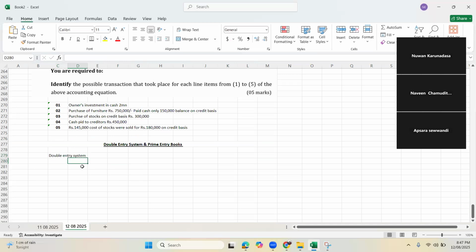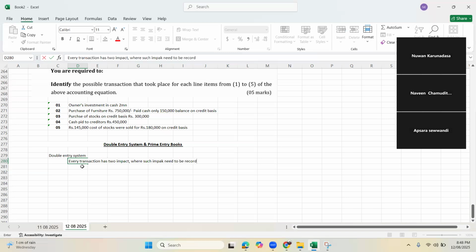This means every transaction has two impacts, where such impacts need to be recorded in debit and credit, right?